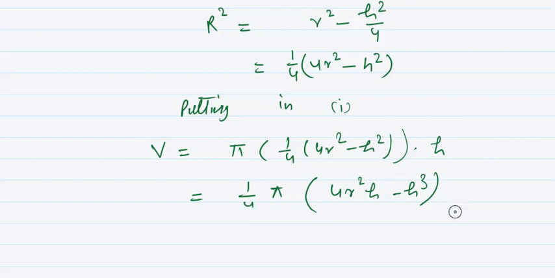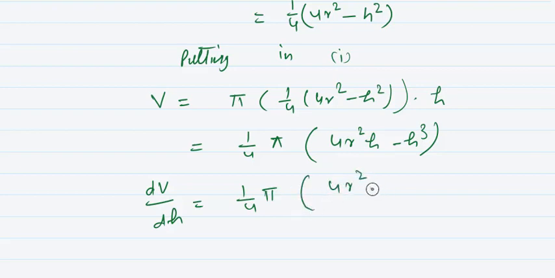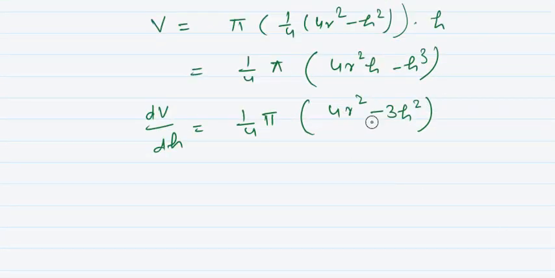Now the function is ready with you, and you need to just find the derivative, double derivative, and the values of h. Yes, because this small r is constant, given. So we will find the derivative with respect to h. So dv upon dh is equal to 1 upon 4 pi into 4r square minus 3h square. Understood? If it is possible to simplify, simplify it.